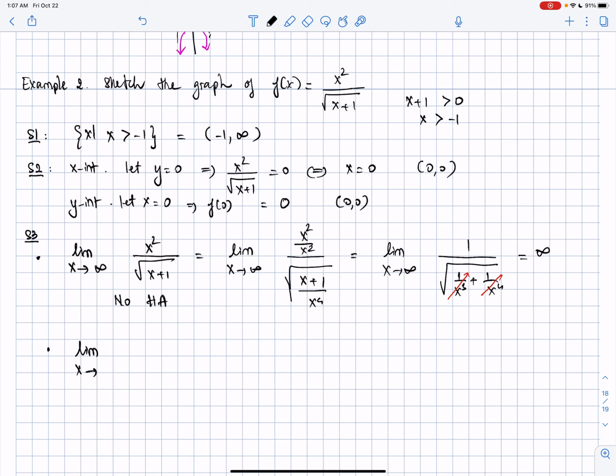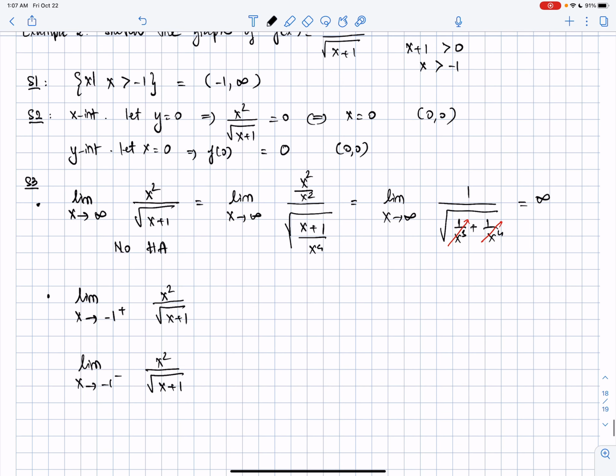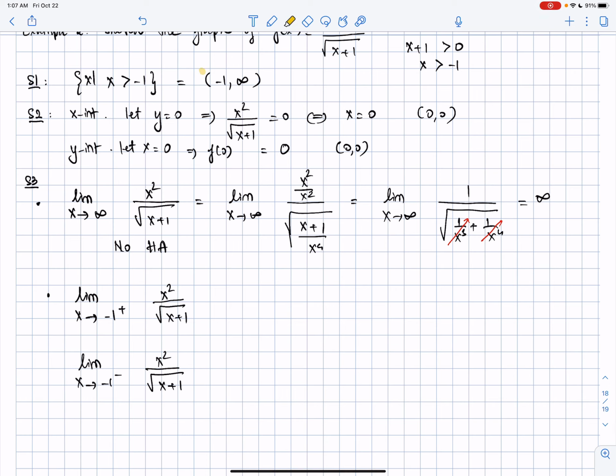So we will find the limit when x approaches -1 from the right side of the function x squared over the square root of x plus 1, and we also compute the limit when x approaches -1 from the left side. But remember the domain: we take from -1 to infinity. That means -1 from the right side.